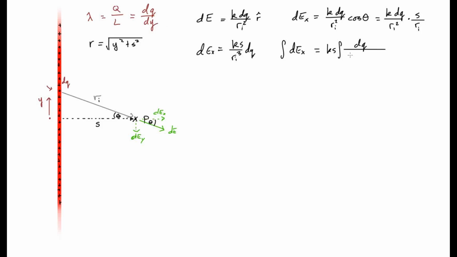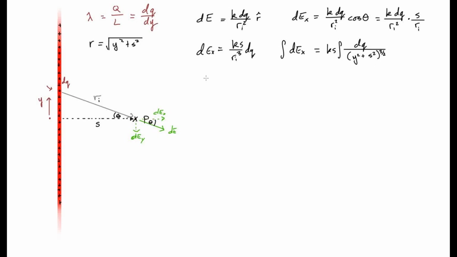If we cube that, instead of to the 1/2, we would get to the 3/2. Okay, so we're getting somewhere. We have both r and theta in terms of y here. Our objective now will be to get q in terms of y, but we already have that relationship here. So we can rewrite dq, by multiplying this by both sides, as lambda dy.